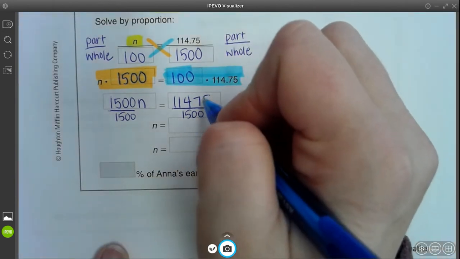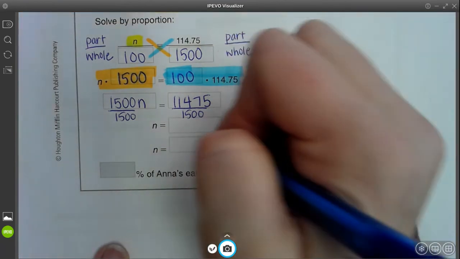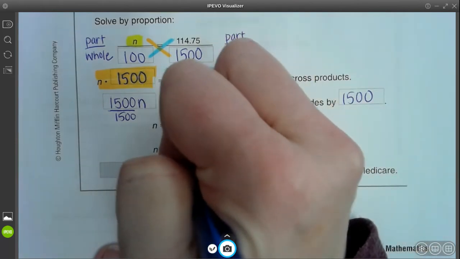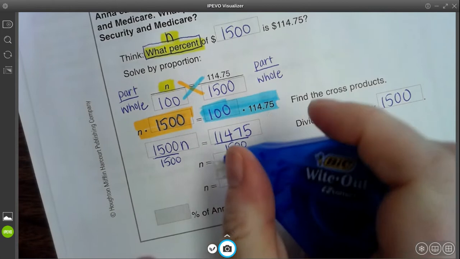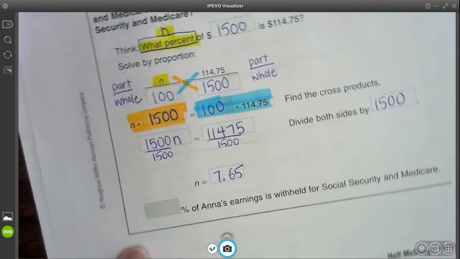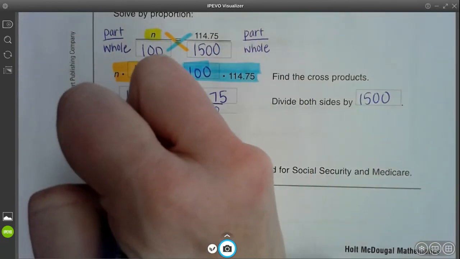Okay, so this divided by this is going to actually give us 7.65. I'm not quite sure why this extra box is there, so we'll ignore that. Okay, so n is equal to 7.65, and that's our final answer.